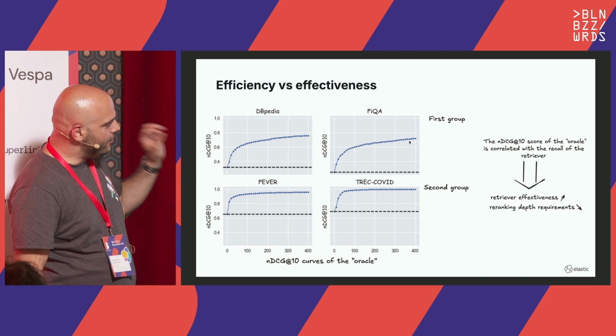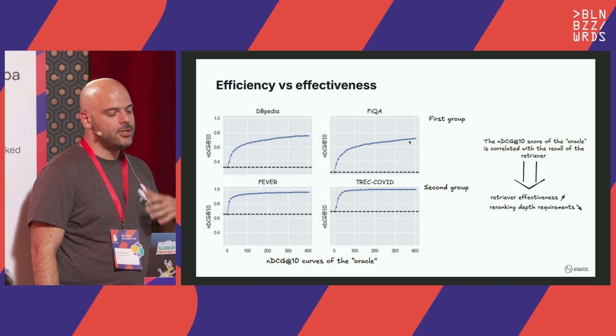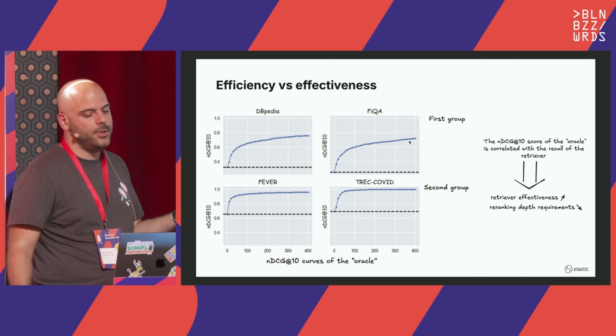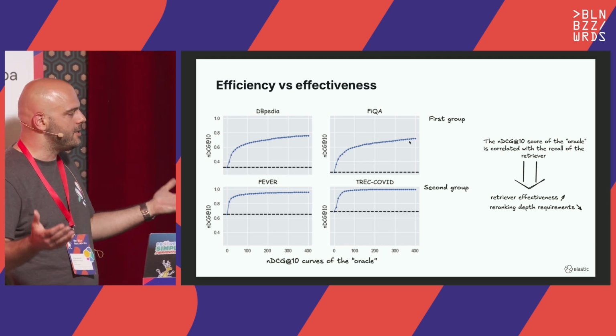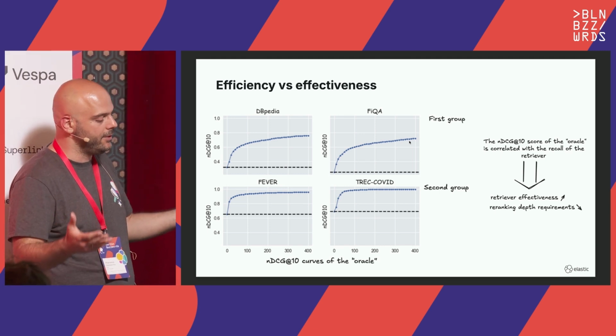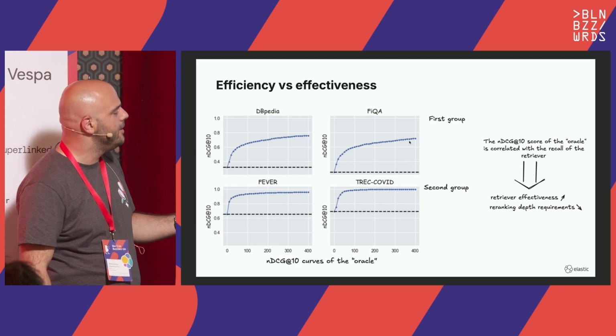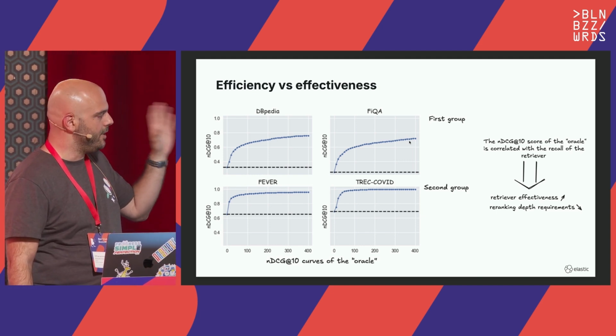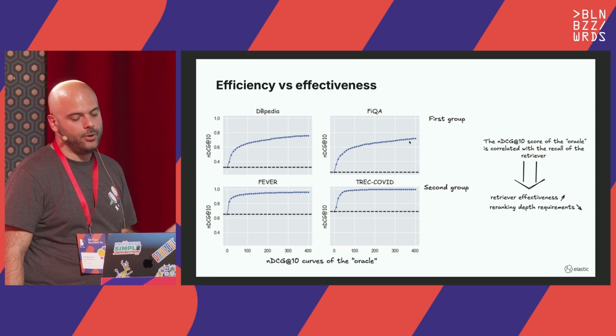For the Oracle, the second aspect is not that important. It's a bit redundant because we know that the Oracle has access to relevance judgments, so it will do a perfect reordering. So in that sense, the NDCG score of the Oracle is a very good proxy for the recall of the retriever.